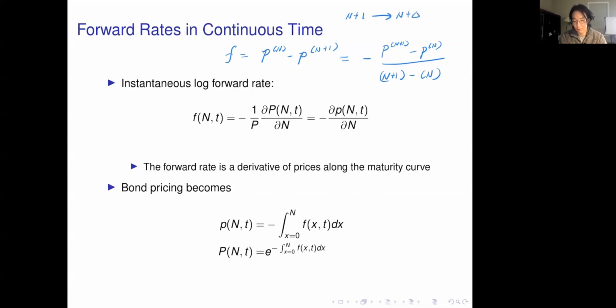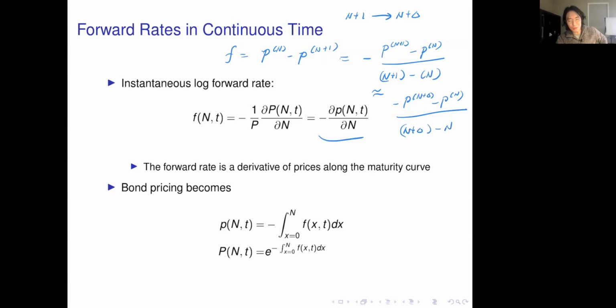Okay, so then it becomes p of n plus delta minus p of n. It's an approximation. Okay, and then you get this instantaneous forward rate.